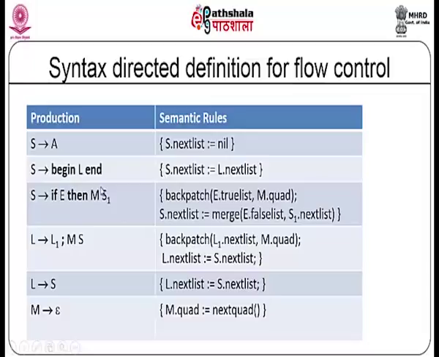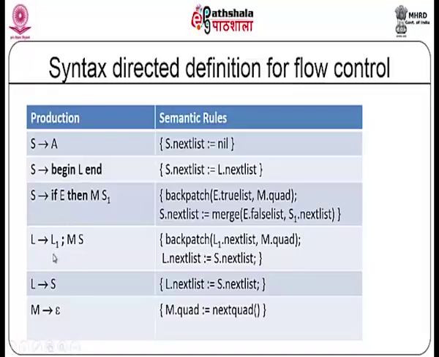This is what we said in a different way earlier. We said S dot next is equal to S1 dot next, and we also said E dot false is equal to S dot next, and so on. Now we are representing that as a combination of the next of S1 and the false of E. If you merge that, that corresponds to the next of S. All of them refer to the same position, the same line number.